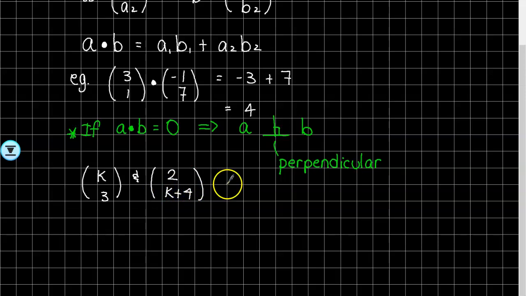But if I say that these are perpendicular, find K. What would you do? 2K + 3K + 12 must equal 0, and now solve for K. If I'm really evil, I could put some things in here that turns this into a quadratic, and then you'd solve that. So again, it's simple mathematics, but we're pulling in some of our other skills to practise. I love it. Absolutely love it.